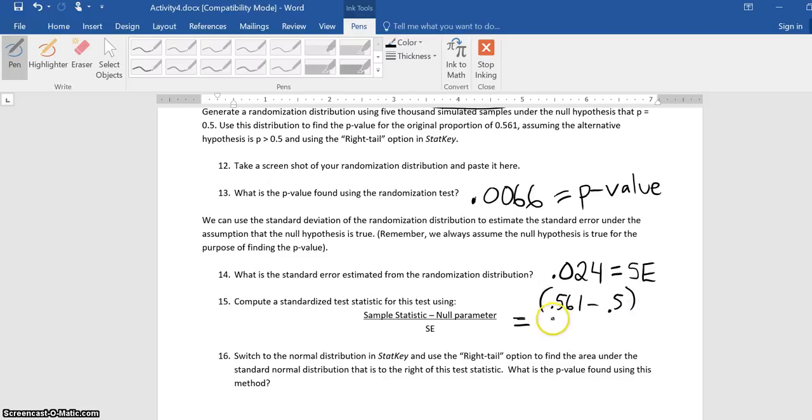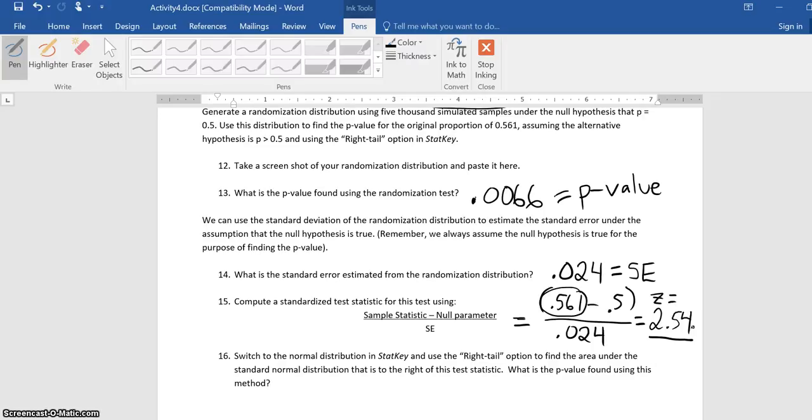And I'm going to divide by the standard error, 0.024, to get my standardized test statistic. When I punch this into the calculator, it gives me a standardized test statistic of 2.54. That's my Z test statistic. That tells me that my observed sample statistic is 2.54 standard errors away from the hypothesized value. That's what it's measuring for me.